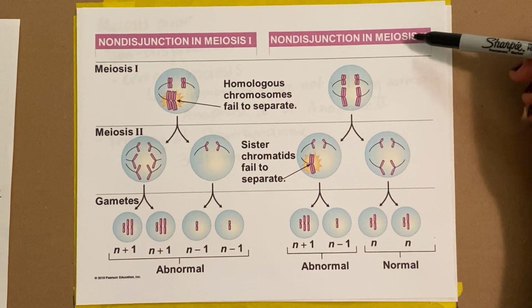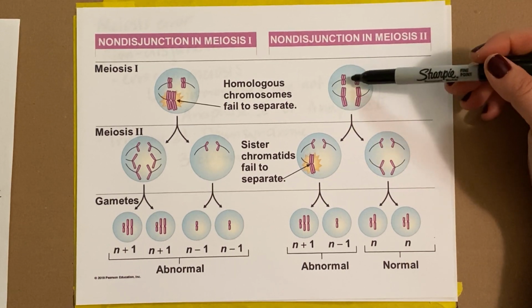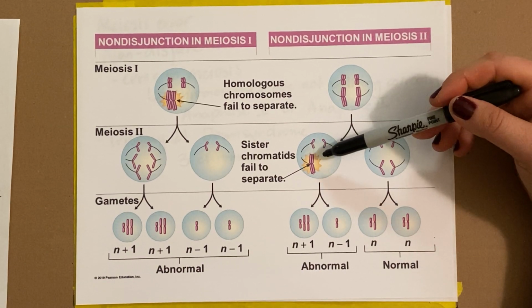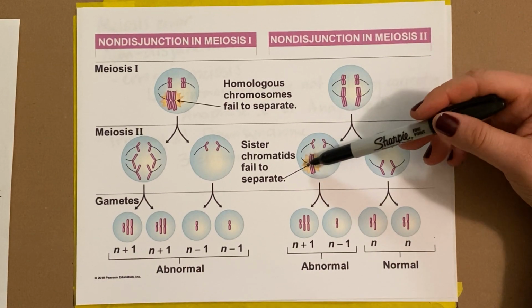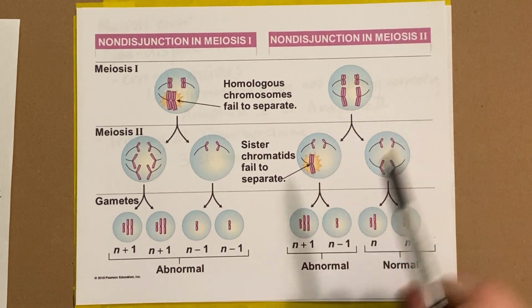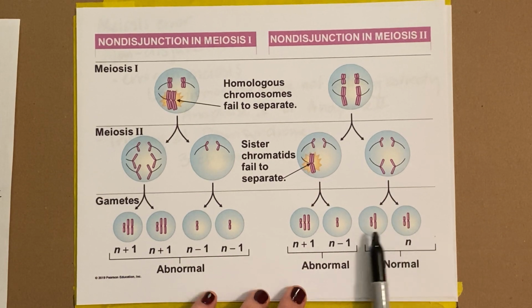When we have meiosis 2 non-disjunction, the beginning starts normally. You have splitting of the homologous chromosomes, so each of them ends up with the correct number. But when you go through the second anaphase, the sister chromatids fail to separate. In this case, you end up having some abnormal eggs or sperm.